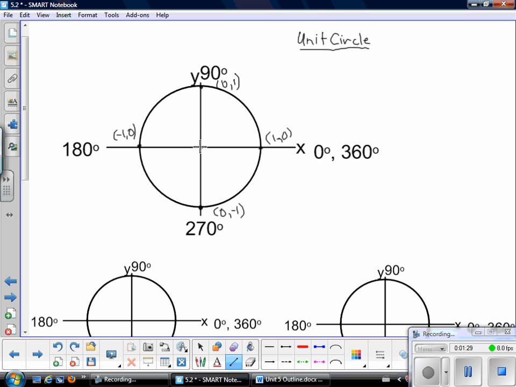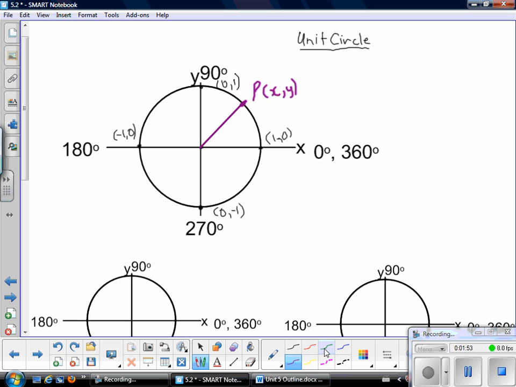So I'm going to draw a line from the center of the circle to a point on the unit circle, on its circumference. I don't know what that point is, so I'm going to call it point P, and give it a coordinate (x, y), because it will have an x coordinate and y coordinate.